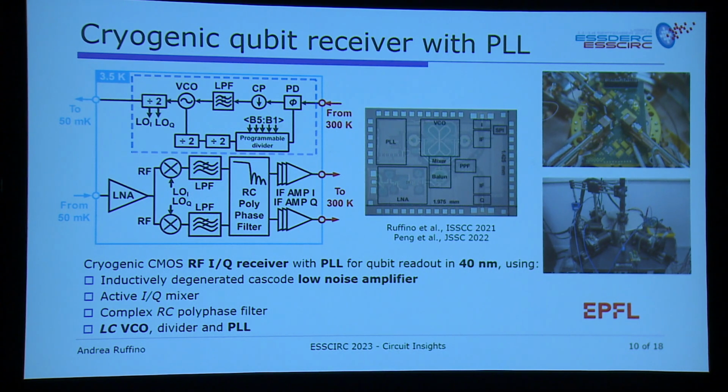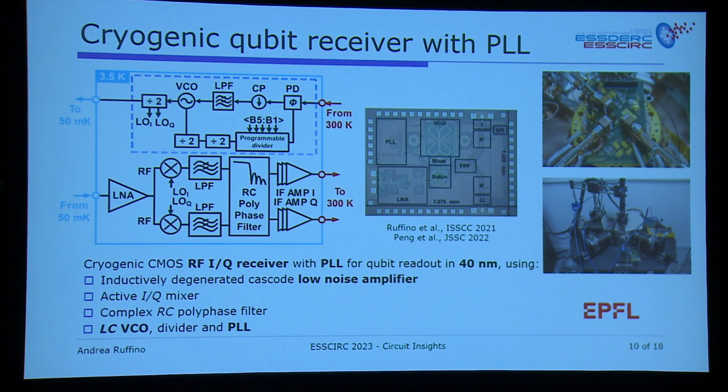This circuit includes a low noise amplifier, which is built with an inductively degenerated common source LNA, and then there is a set of active IQ mixers, complex RC polyphase filters, so passive circuits, and then there is an LC tank-based VCO with an analog PLL and dividers. So as you can see, the flow for this circuit was the conception of a circuit, a schematic design, then a tape out, and then a measurement phase in cryogenic temperatures.